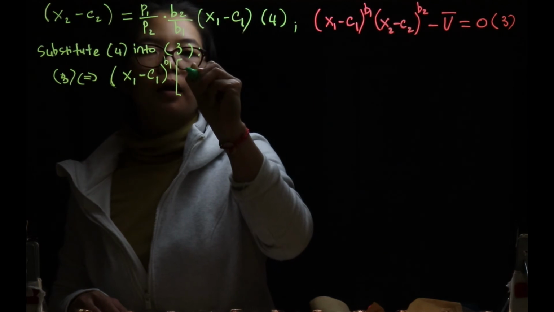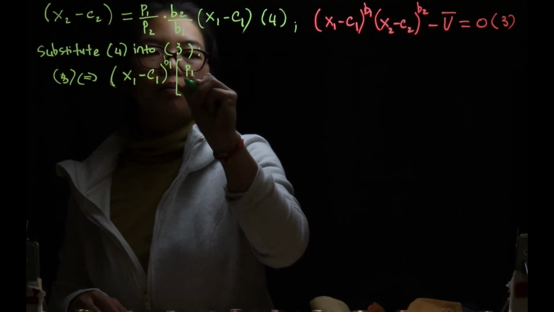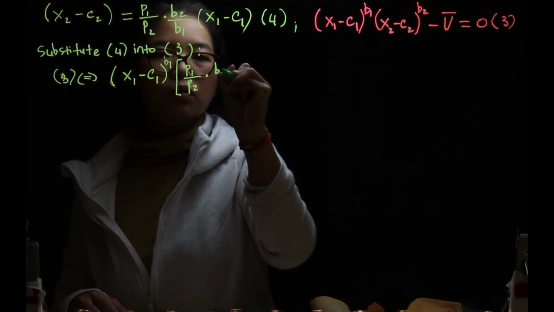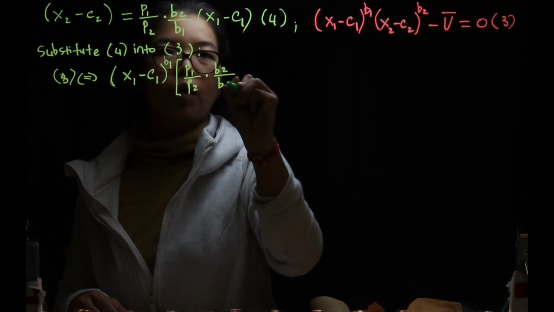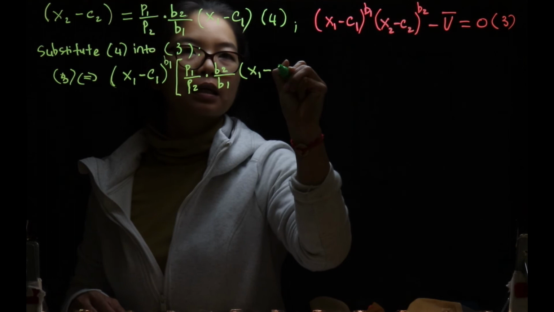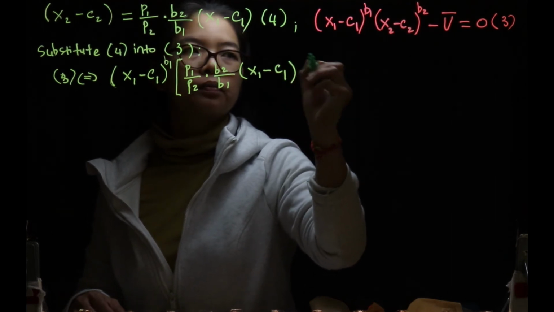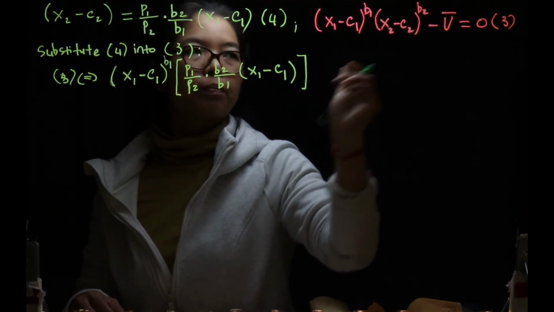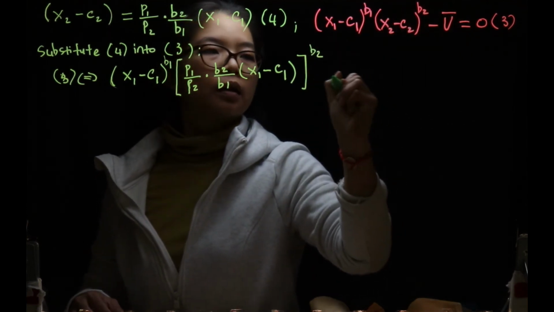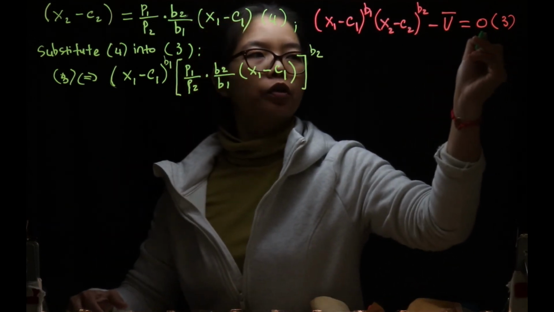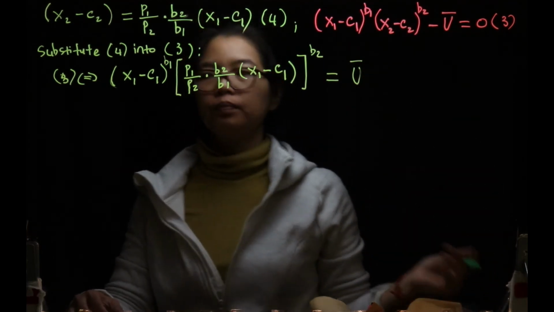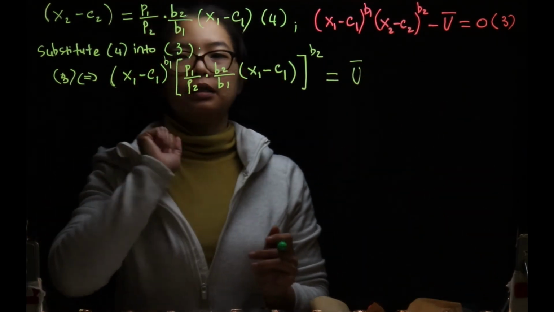Now, p1 over p2 times b2 over b1. And then times x1 minus c1. Everything to the power of b2. And you can already put the u bar to the other side, right? Now let's simplify it.